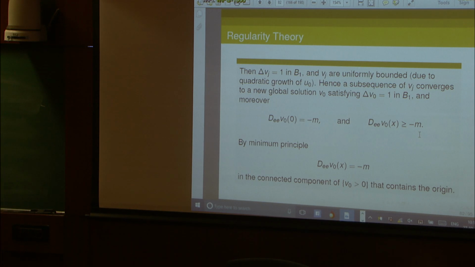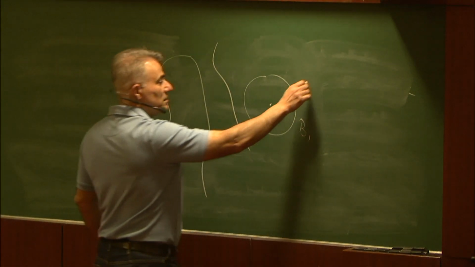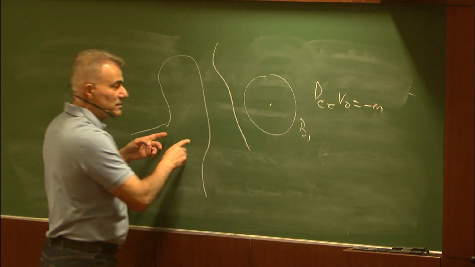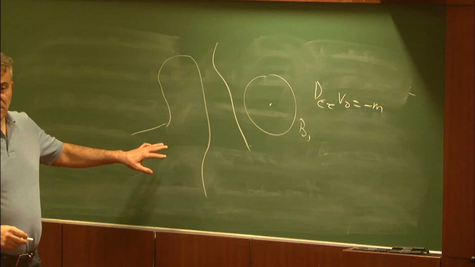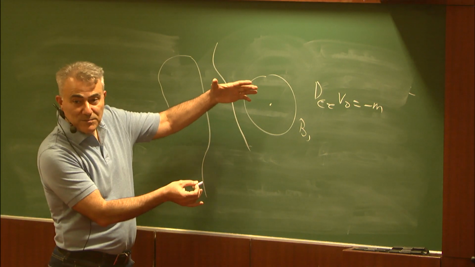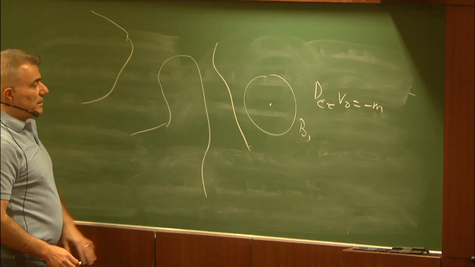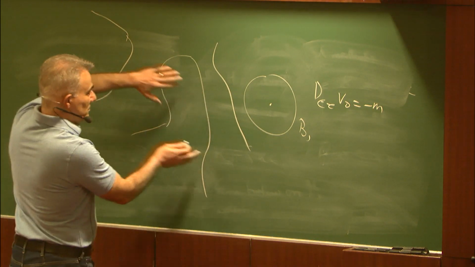Okay? So, because that's what I'm going to use, so think about it. This is one component, this is another component. So here is B1. So my function V0 is minus m here, but not necessarily here. The minimum principle only applies to the connected component, not everywhere. There might be another component here. So what I do, I just ignore this part.